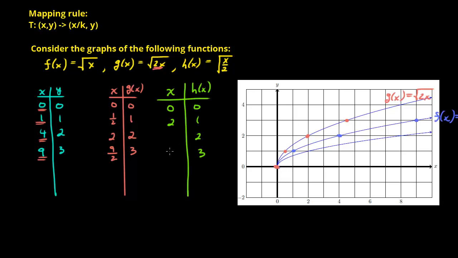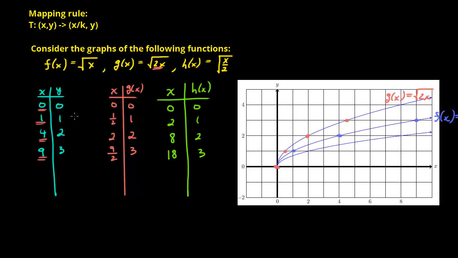Similarly, if I take the square root of 4, I get 2. So when is x over 2 equal to 4? When x is equal to 8. Lastly, when is x over 2 equal to 9? And the answer to that is when x is equal to 18.